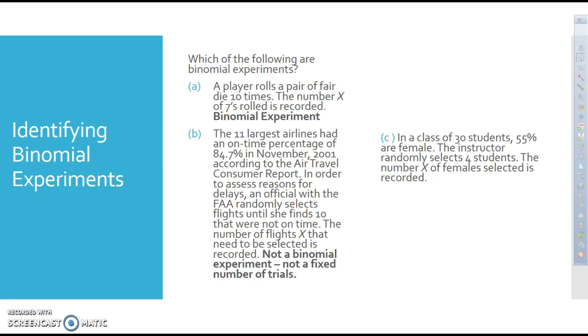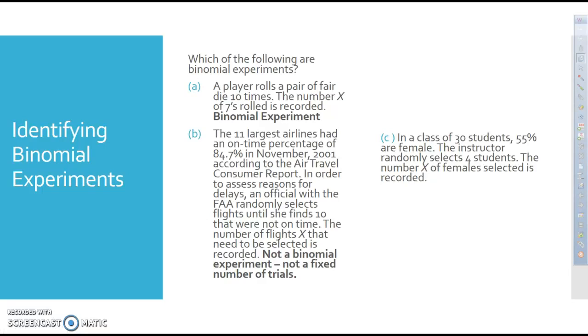We're looking at kind of a random sample of things, but we can't possibly quantify all the different airplane trials, especially since we're picking until we find 10 that are not on time. Are we picking 20 that are on time first, and then there's 10 that are not on time for a total of 30 trials? Or are we going to find more that are on time since we have 84.7%?